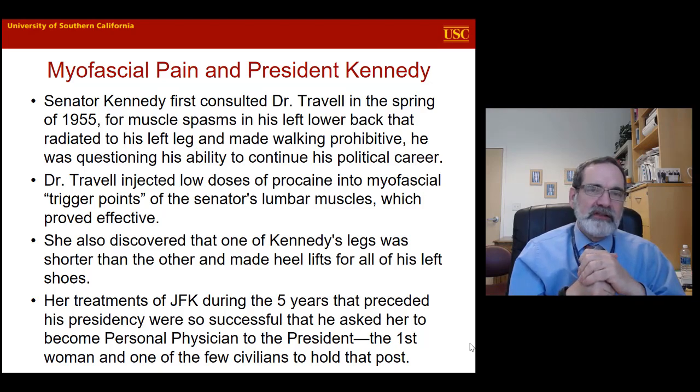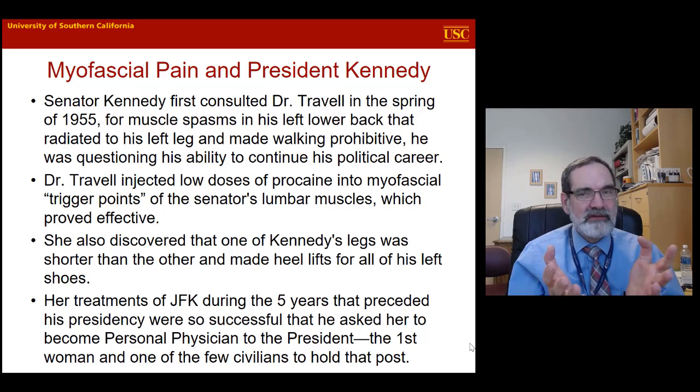Dr. Travell injected low doses of procaine into myofascial trigger points in his lumbar muscles. This did in fact give him a lot of relief. She discovered that one of his legs was shorter than the other, and she made heel lifts for all of his left shoes.